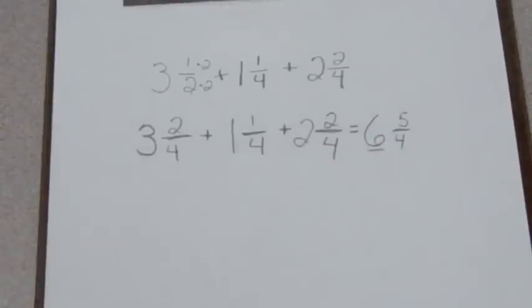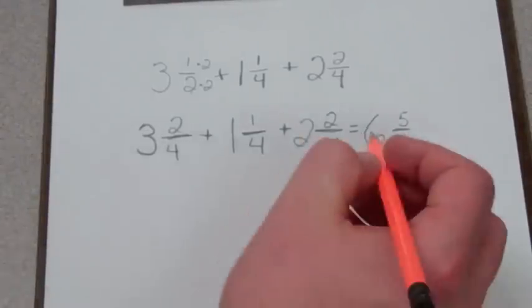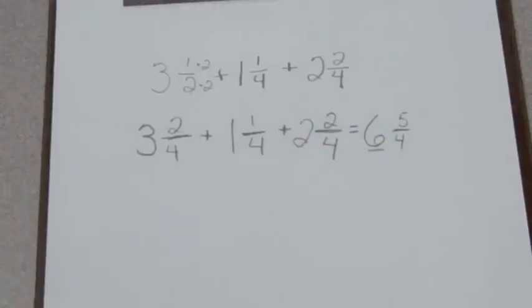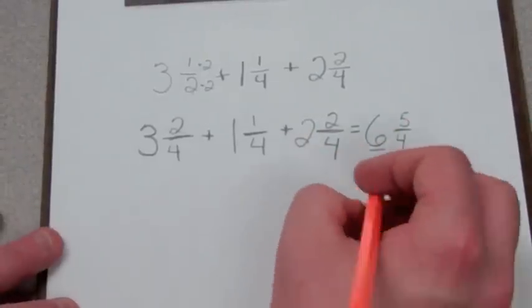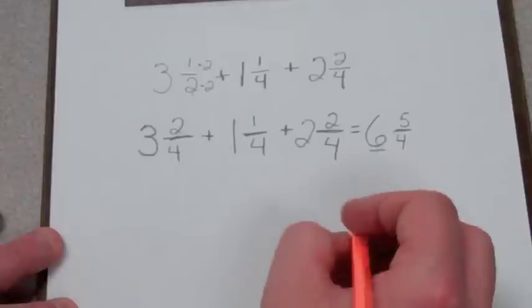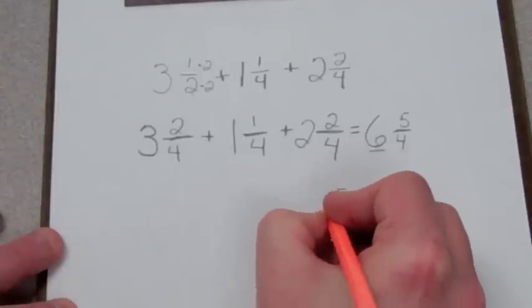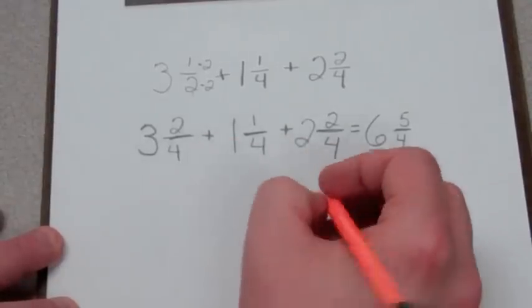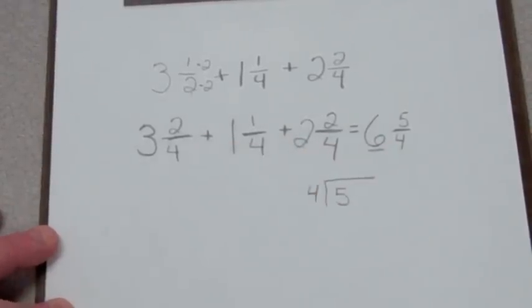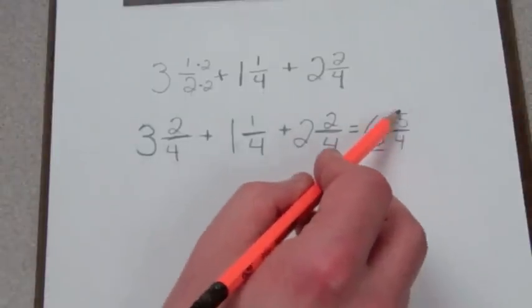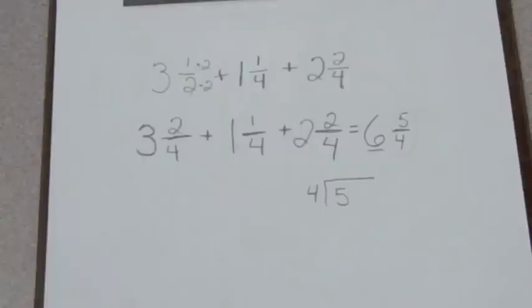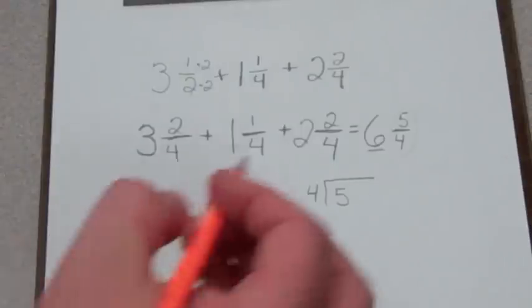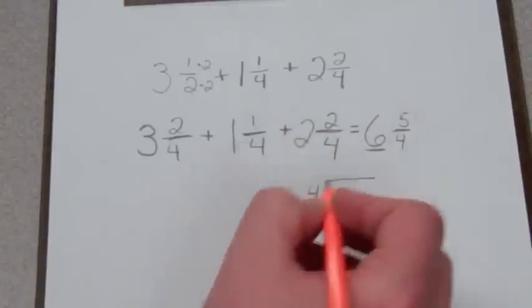Now, how do I rename a fraction? Let's see. I have 6 wholes and 5/4. If I want to rename this fraction, what I'm going to do is take my numerator, put it inside of my division house, and then take my bottom number and put it on the outside and actually divide these numbers. And this is going to tell me what mixed number that part of my fraction is equal to. All right, I know I have 6. That's not going to affect what I have here.